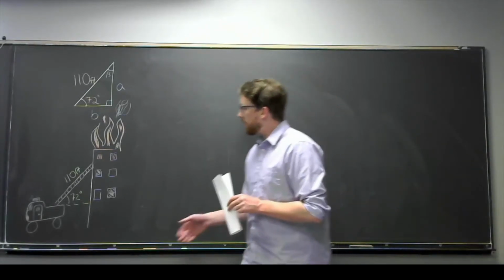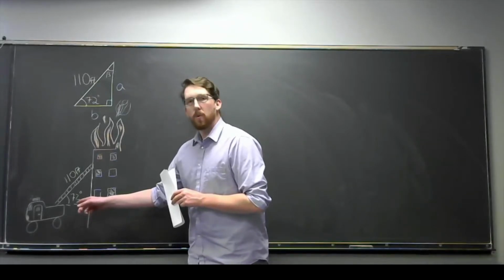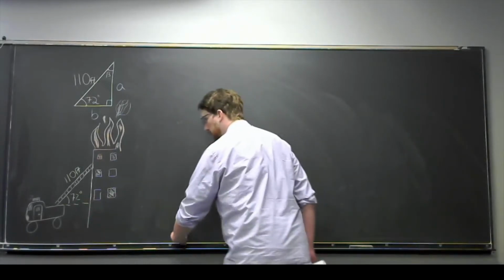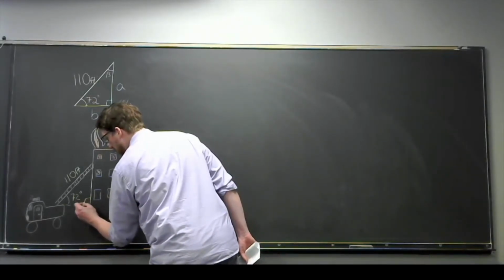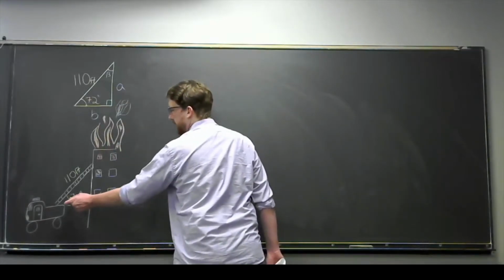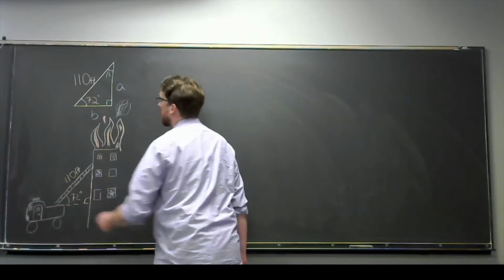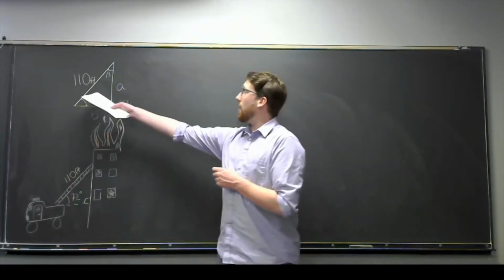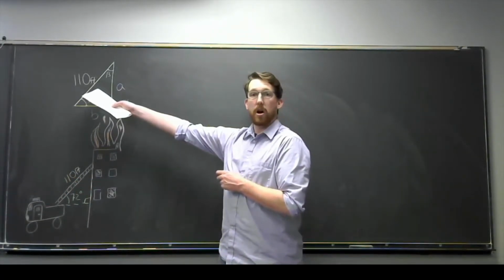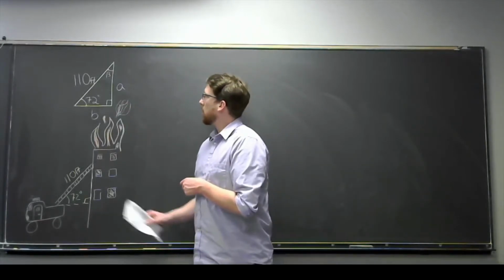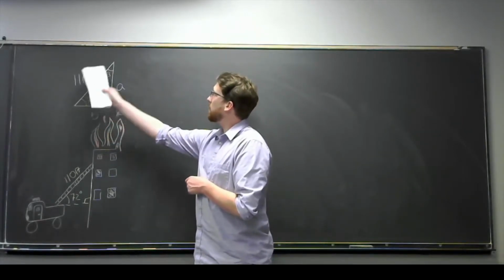Well, if we look at this picture, we've got a right angle triangle. We've got a right angle here, 72 degrees here, and we know the length of the hypotenuse. So it looks a lot like this top triangle. We've got 110 feet for our hypotenuse.